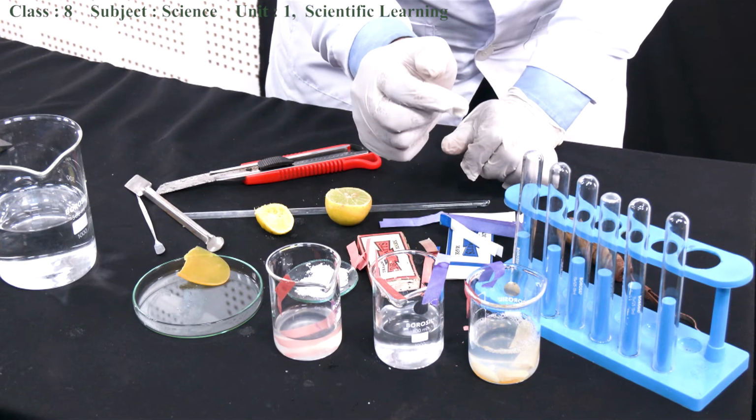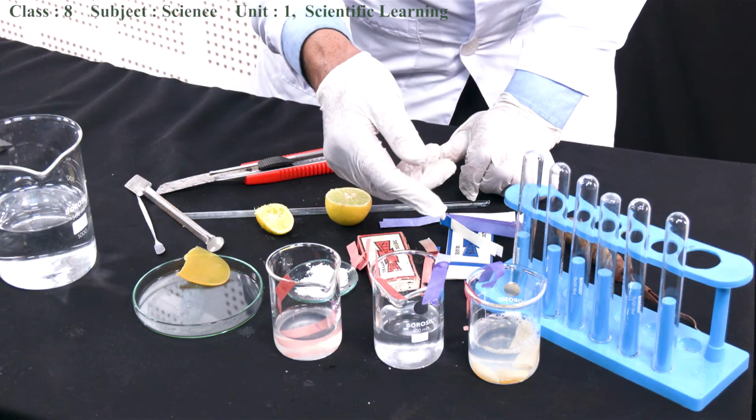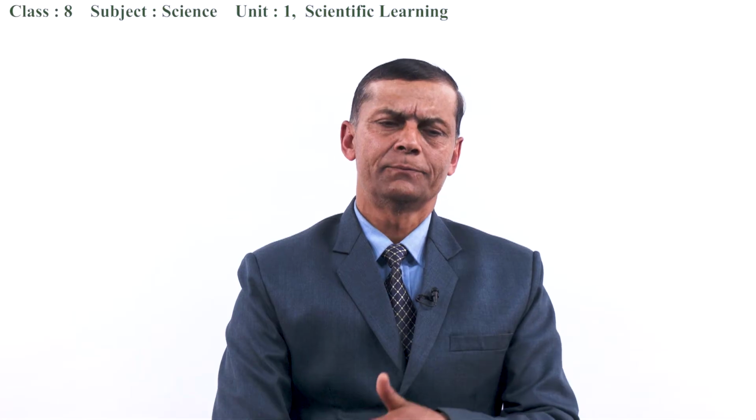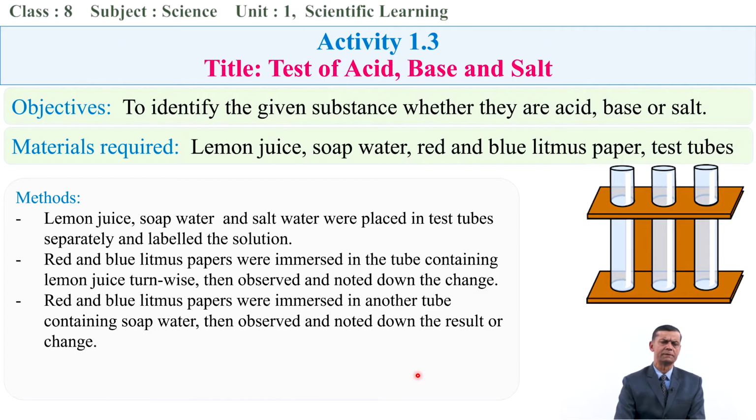Yes, this is our simple experiment. Let us discuss the conclusion. Dear students, first of all, we have managed the 3 solutions: solution of soap, solution of lemon, and solution of salt. Then after we tested these solutions separately by red litmus paper and blue litmus paper.